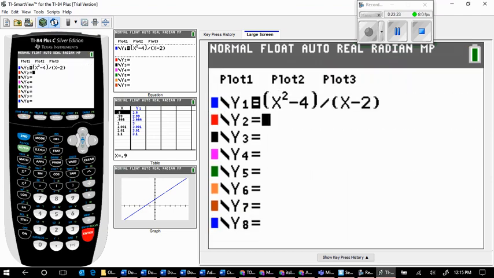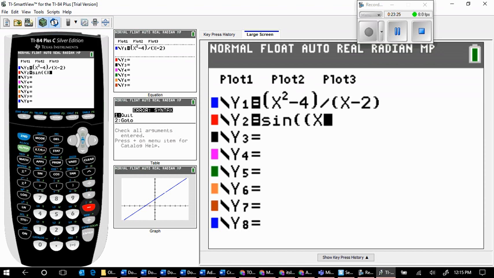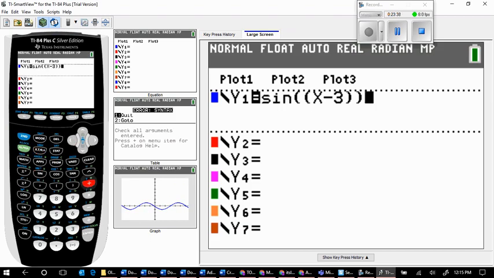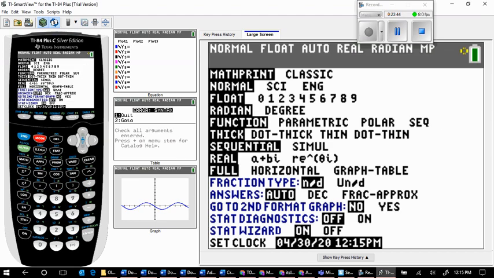Sine of x minus 3 divided by x minus 3. Okay, your calculator should always be in radians mode for this class. Always, always, always. There's never a situation where you should be using degrees at this point. So we want to make sure that it is in radians mode.